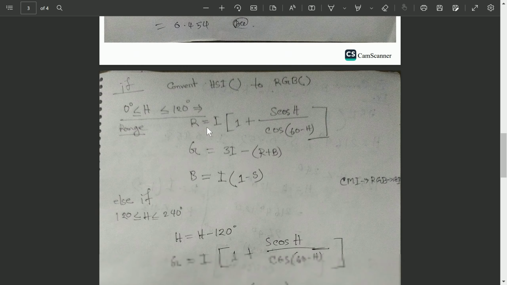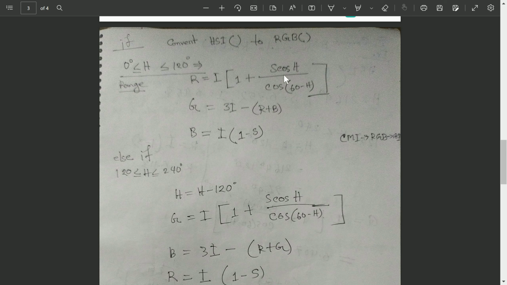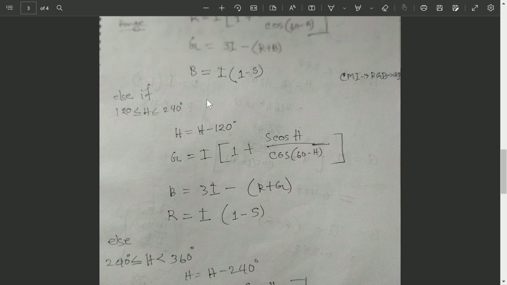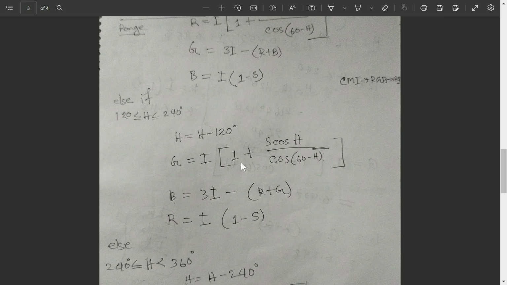So the equations are: R is equal to I into 1 plus S cos H divided by cos 60 minus H, and G is equal to 3I minus R plus B, and B is equal to I into 1 minus S. And here the equation is almost similar, but not exactly.